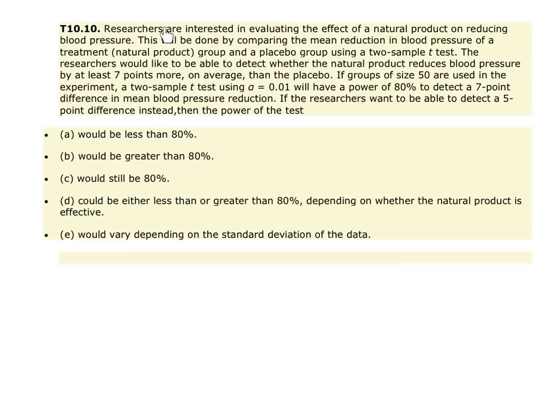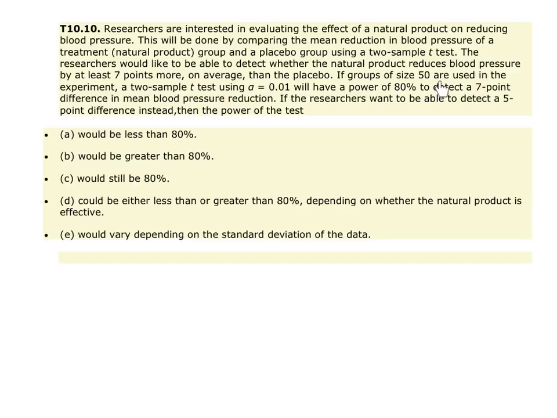Question 10. Researchers are interested in evaluating the effect of a natural product on reducing blood pressure. This will be done by comparing the mean reduction in blood pressure of a treatment of a natural product group and a placebo group using a two-sample t-test. The researchers would like to be able to detect whether the natural product reduces blood pressure by at least 7 points more on average than the placebo.